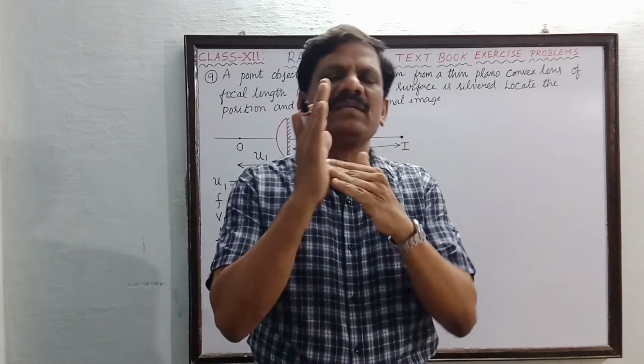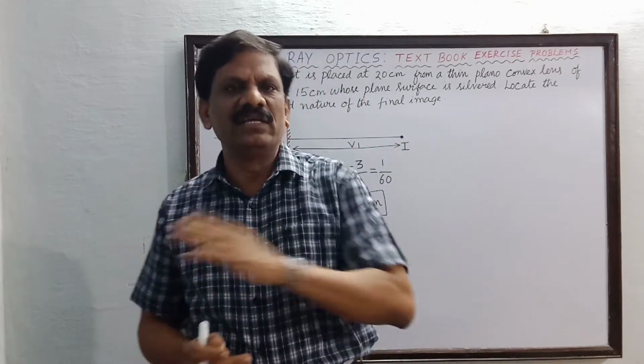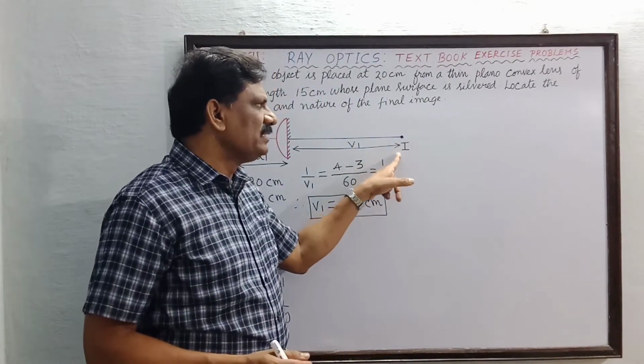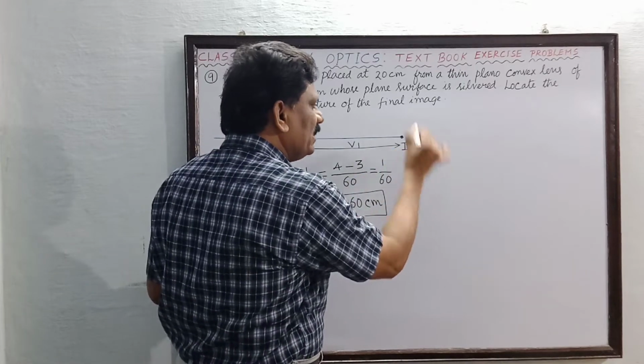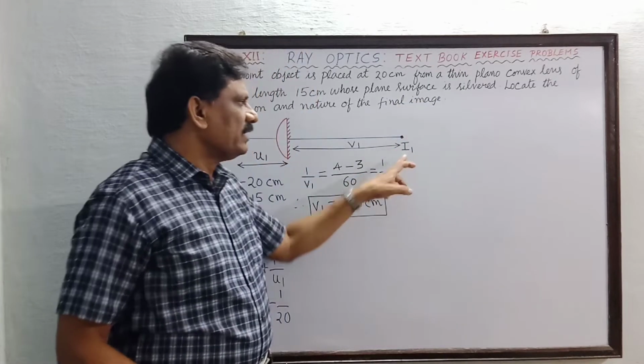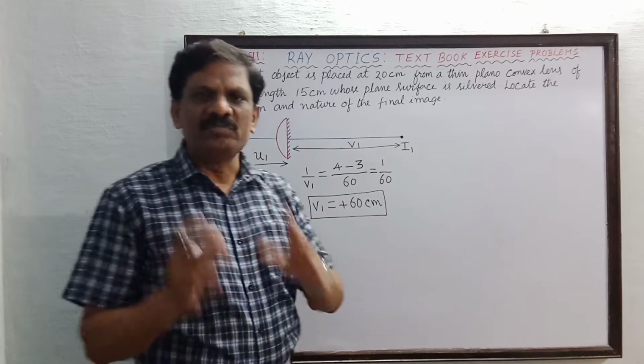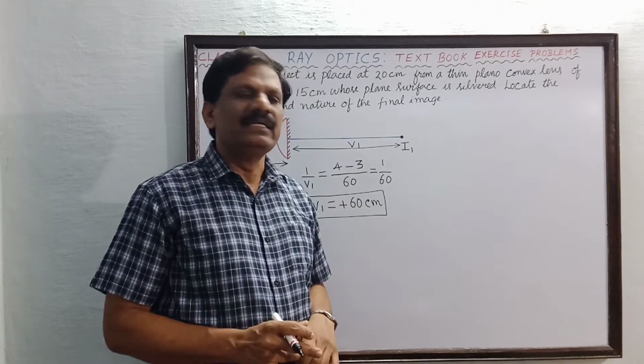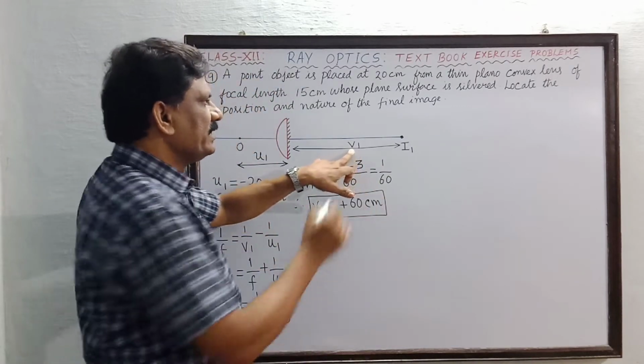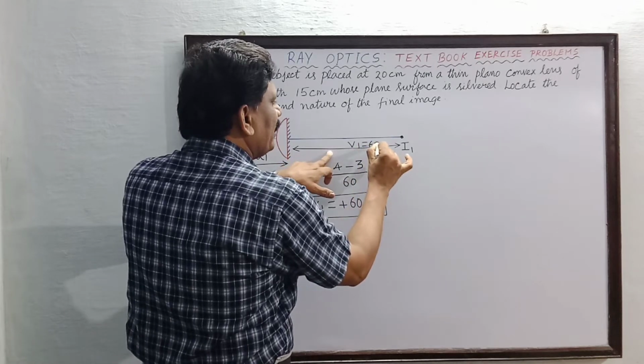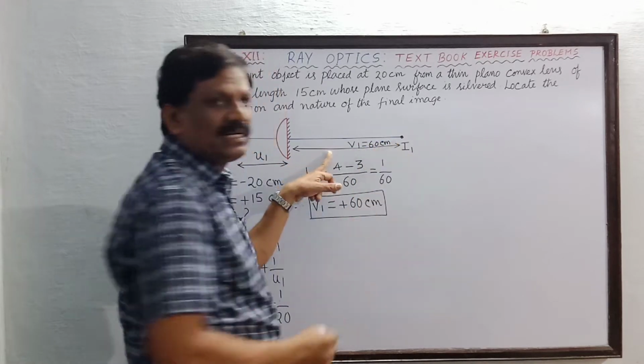So the plane mirror is going to reflect. This image is formed at the first position. This I1 is going to act like the object for the plane mirror and this distance is 60 centimeter inside the glass.